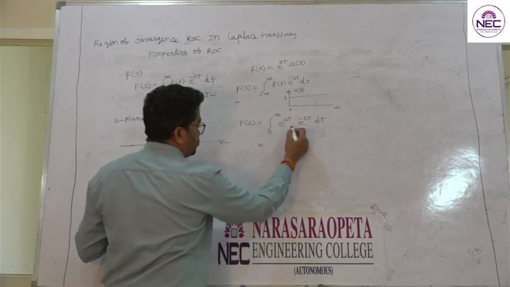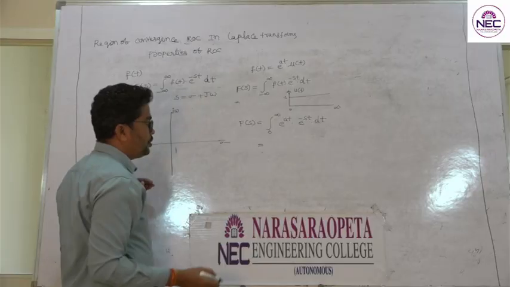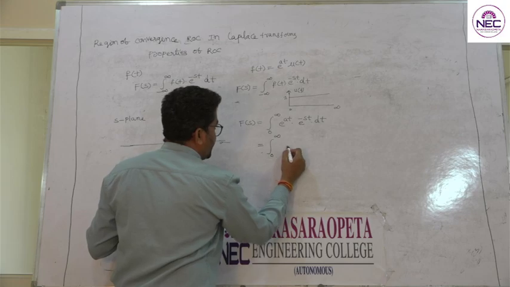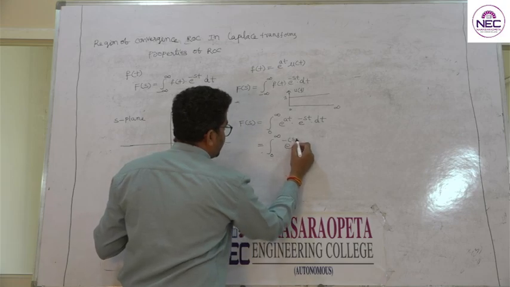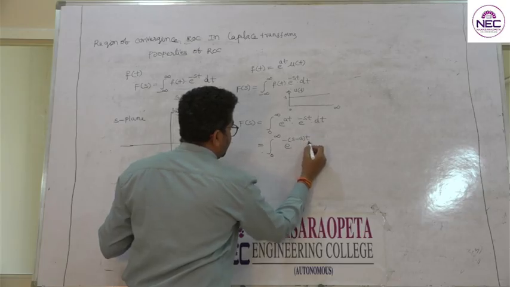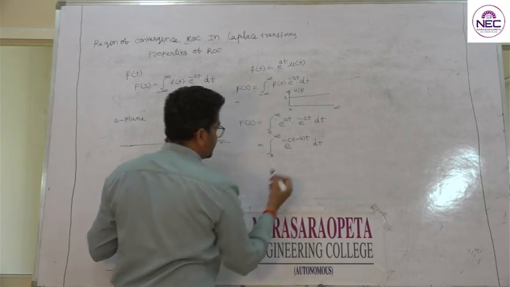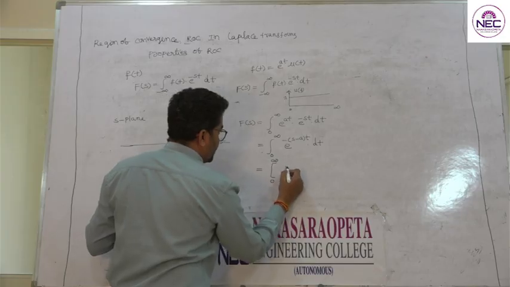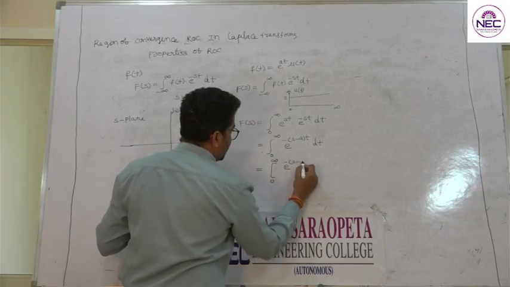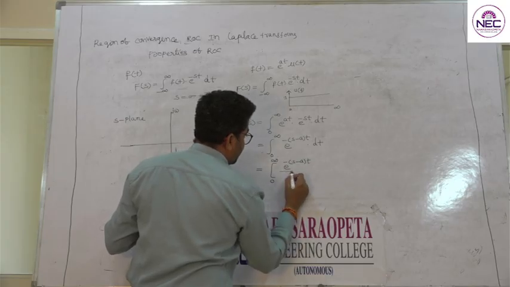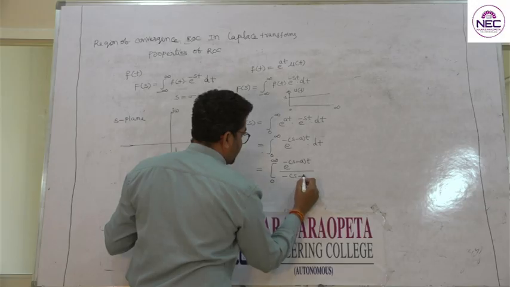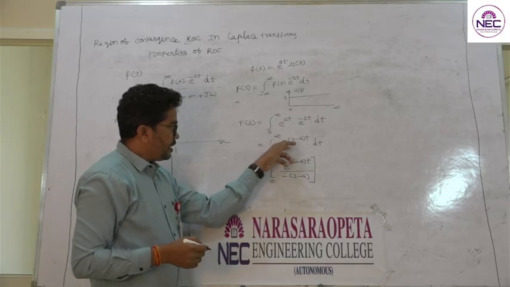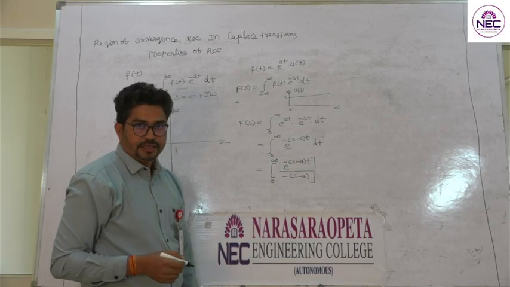Combine these two terms: e power at into e power minus st gives the integral from 0 to infinity of e power minus of s minus a into t into dt. Integrating, we get e power minus of s minus a into t by minus of s minus a, using the integral of e power ax dx equals e power ax by a.